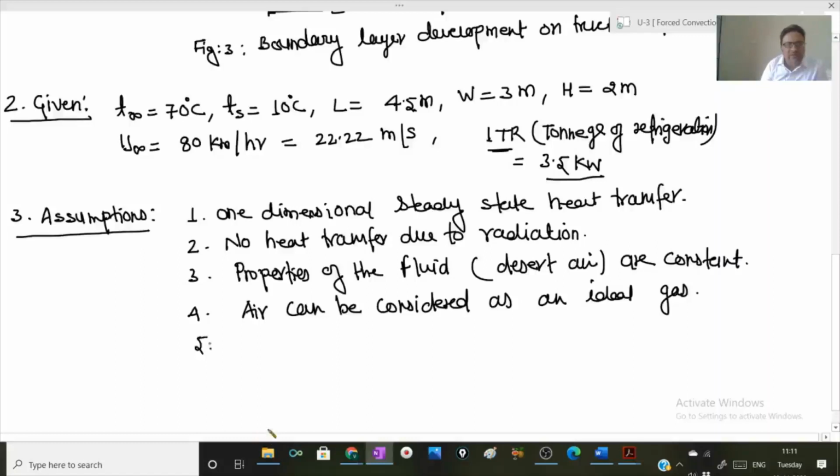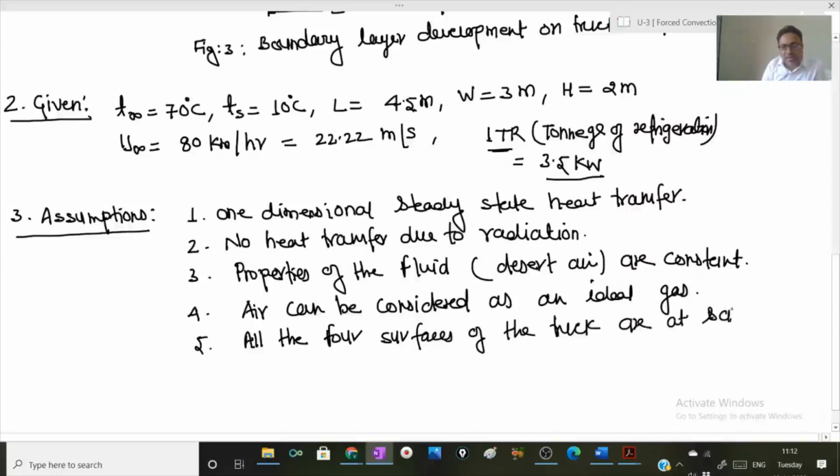Assumption number 5 from the problem itself. All the 4 surfaces of the truck are at the same and constant temperature.